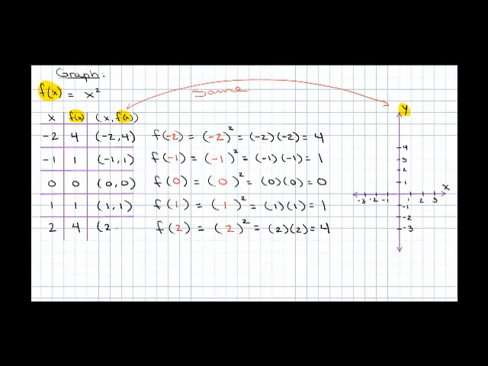So we have 5 sets of ordered pairs. I'm going to take these ordered pairs and plot them on my graph so I can get a sketch of the graph of f of x is equal to x squared.